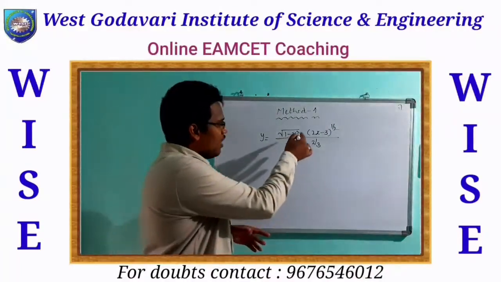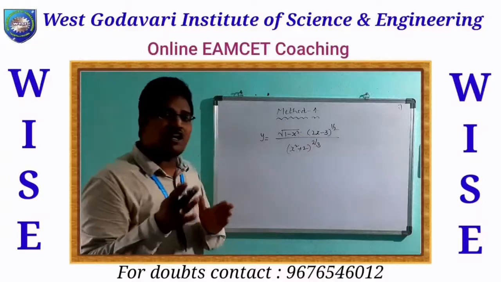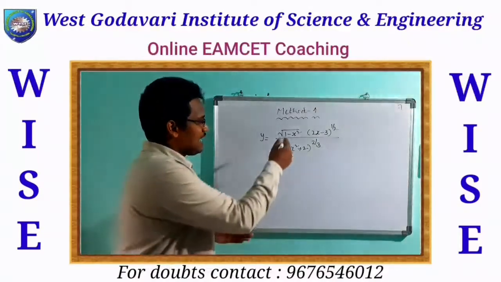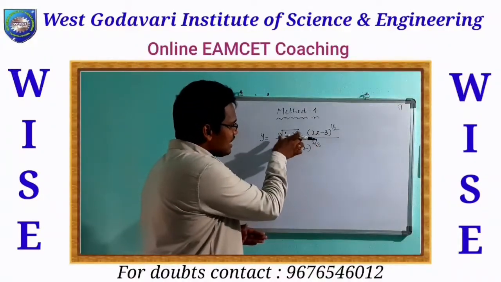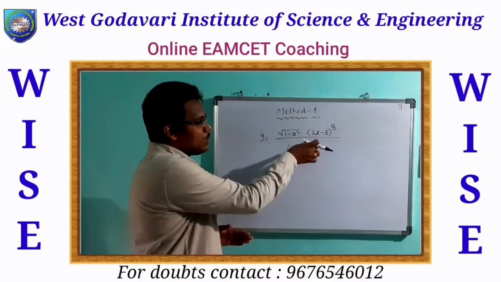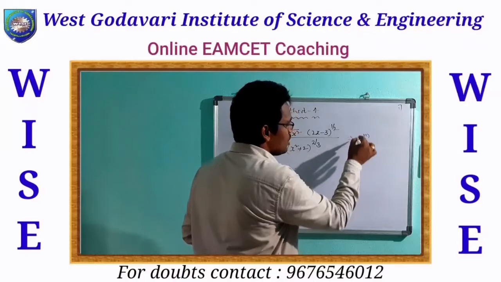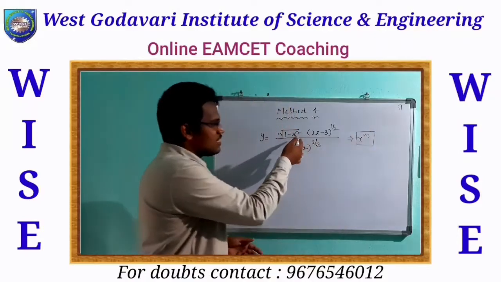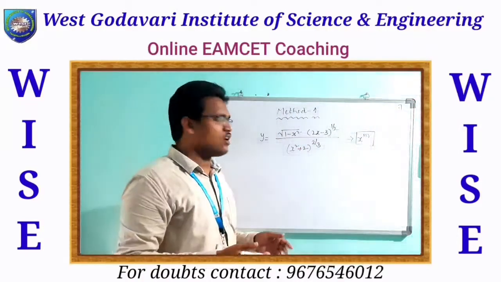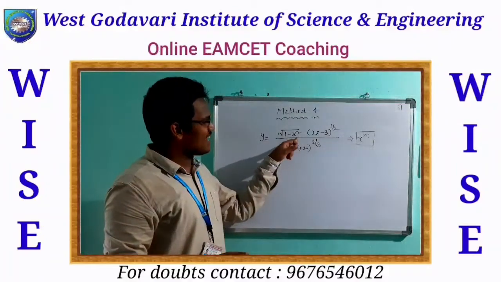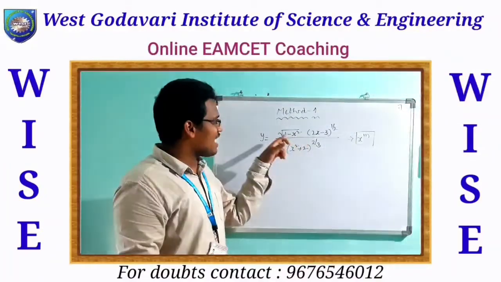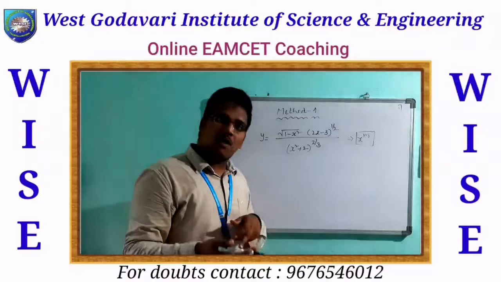So we have to take each and every term individually. First of all, each and every term must be in the form of x power m. Here the first term is in the form of x power m, because square root of 1 minus x square is rewritten as (1 minus x square) whole to the power of 1 by 2.